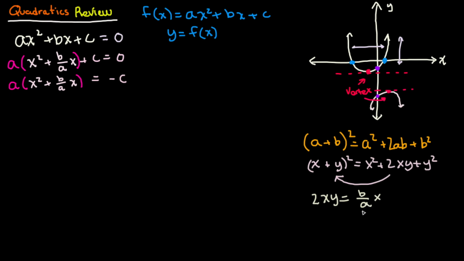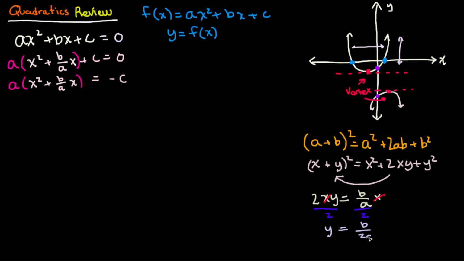So if 2xy is equal to b over a x, then what is y? Well, the x and the x will cancel out on both sides. I'll make that clear. And if we divide by 2 on both sides, what we'll get is that y is actually equal to b over 2a.